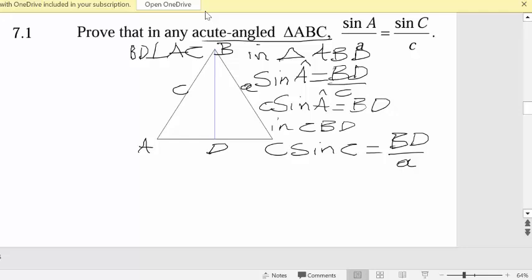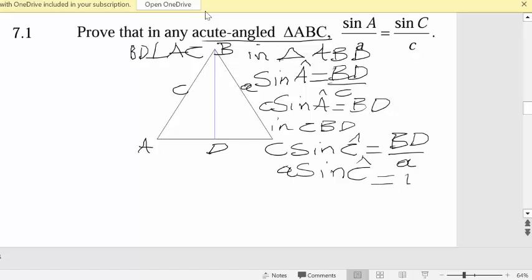Remember, this is y over r, if you know your trigonometric sine ratios. Right now, clearly I must make BD again the subject of the formula. Remember, this c is for this angle, this is not. So I'm going to make it a sine of angle C.